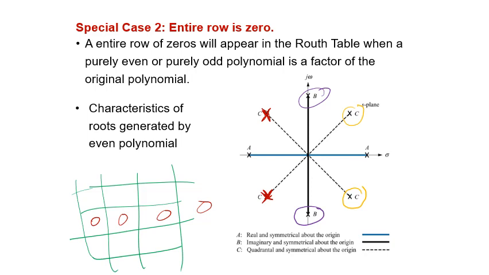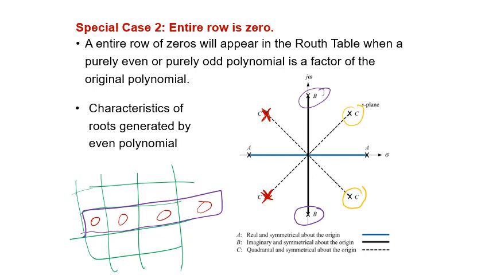And when it comes to an even polynomial, there is a chance to get poles on the j omega axis. The poles will be located on the j omega axis only when there is a row of zeros. Now, how to deal with this case, how to build the table, I'm going to explain it.